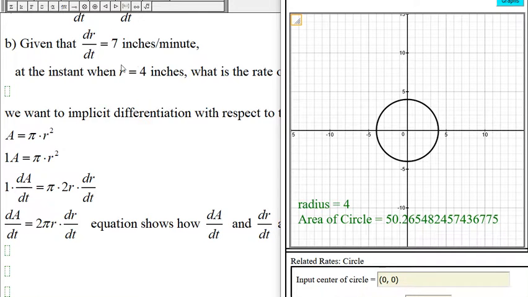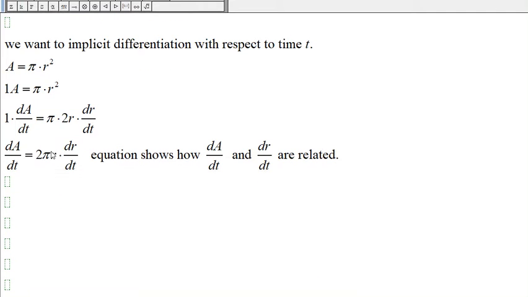We're given that the rate of change of the radius is 7 inches per minute. We'd like to know how fast the area is changing at the instant when the radius is 4. That's what we're looking for.